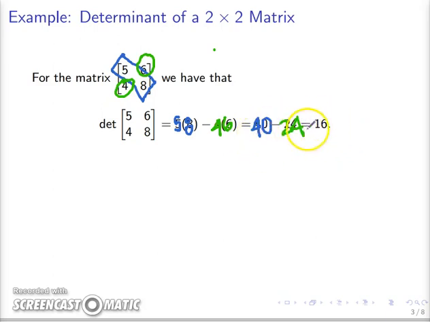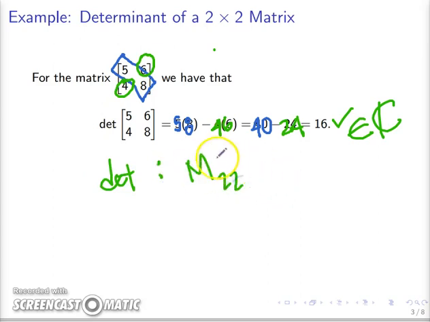Then the difference, 40 minus 24, is a scalar. In general, this is a scalar, a complex number for example. So this operator, the determinant, is mapping a matrix of 2 rows and 2 columns into a number, a scalar.